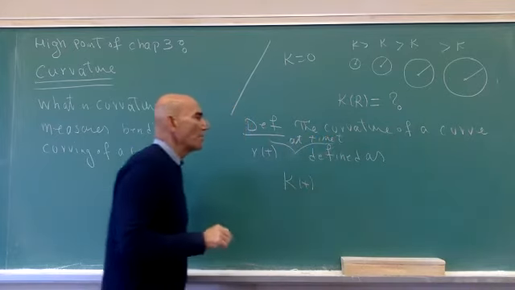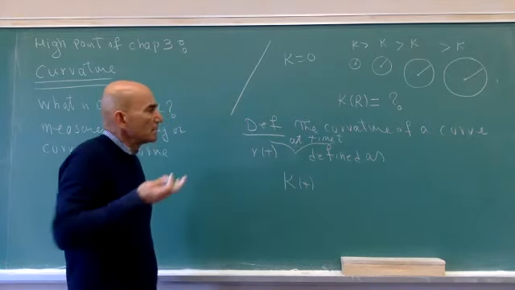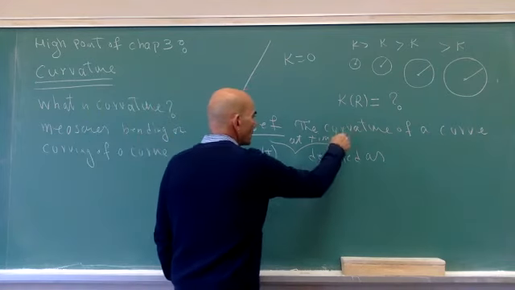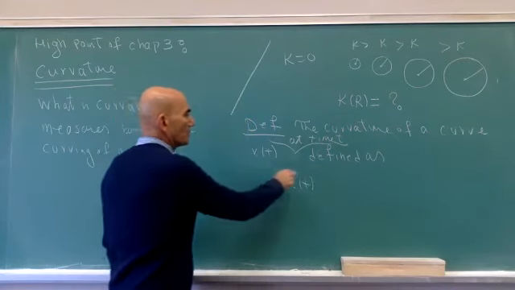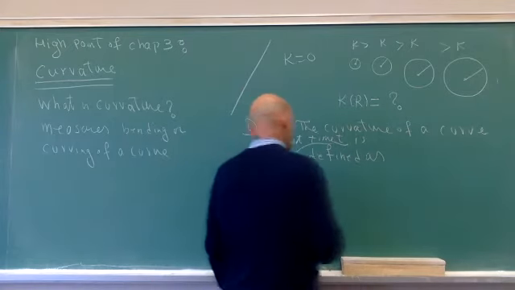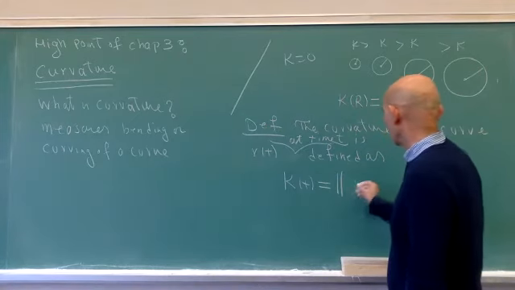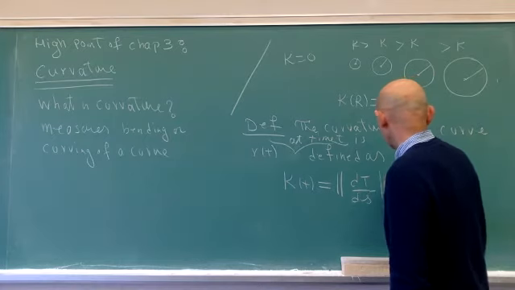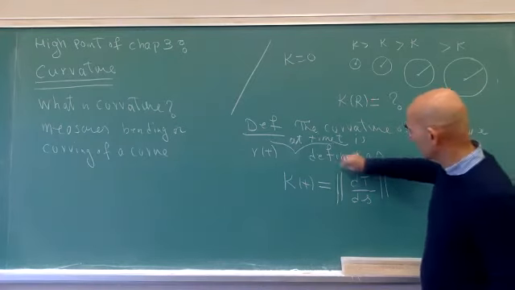But really time is not of any essence here. It's just at the moment, at the point, that's represented by the value of the parameter t. Kappa of t is defined as equal to the norm of dT/ds. So this is the golden definition.